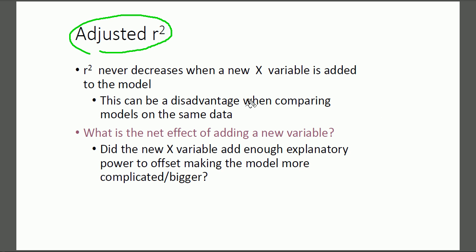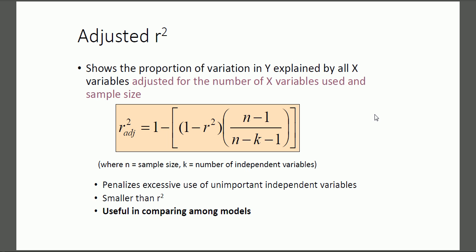What adjusted R-square does is it adjusts R-square. So how does it do that? We'll get to the actual equation first here. Let's just understand on a high level that the net effect of adding a new variable is what we're interested in. The question we need to ask is, did this new x variable that we just added have enough explanatory power to offset making the model more complicated, more big? Adjusted R-square will help us. It shows us the proportion of variation in y explained by all x variables.